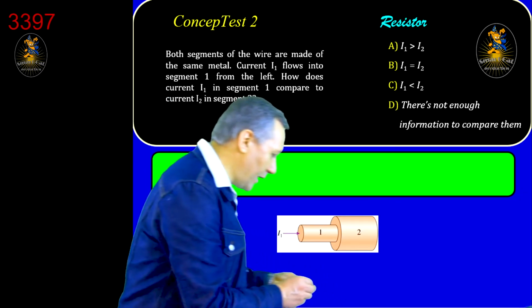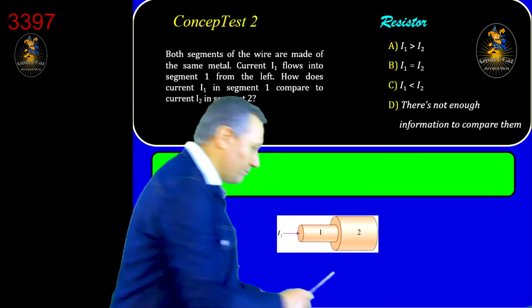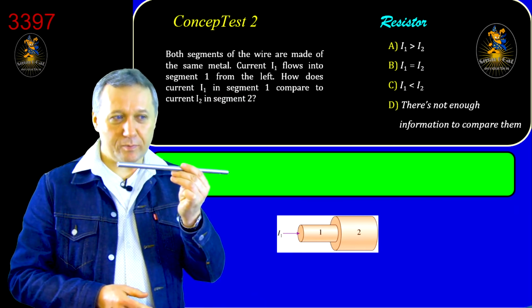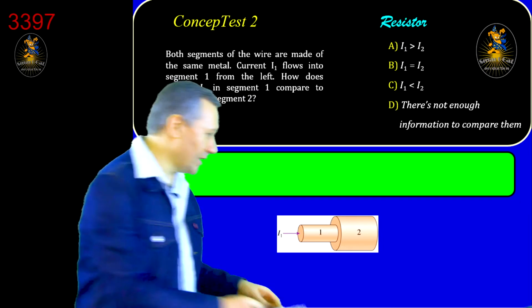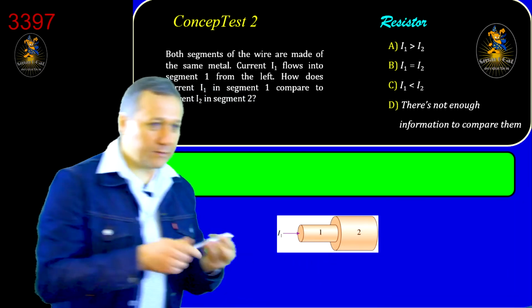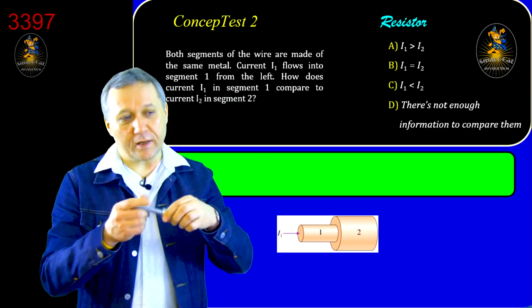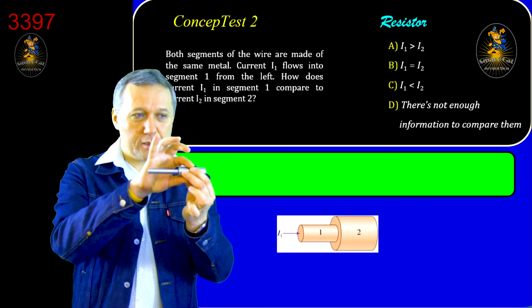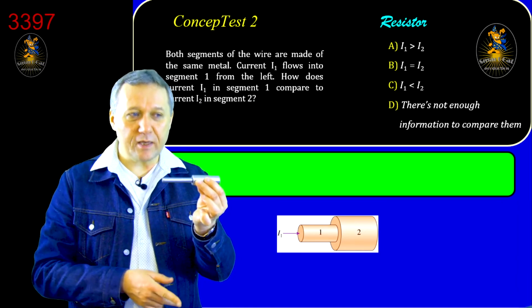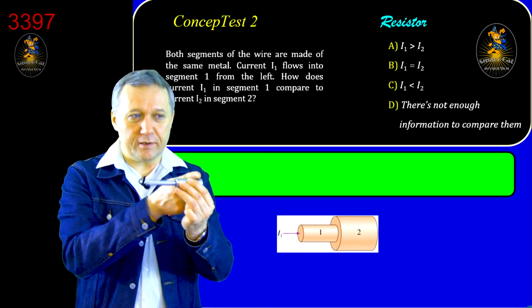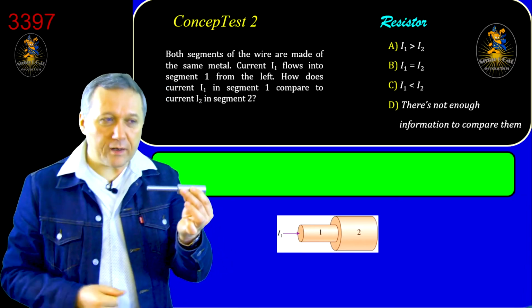So if you have a conductor like this, you remember I told you it doesn't matter where you measure your current, current must be the same. Or if you have a wire or conductor with varying cross-sectional area, again, it doesn't matter where you measure current, here, here, and there, or there, current will be the same.